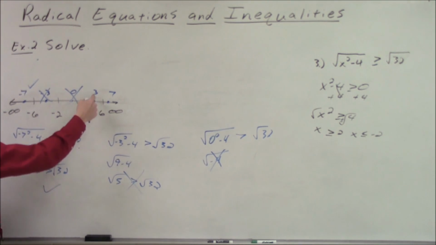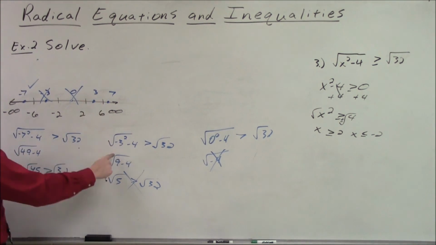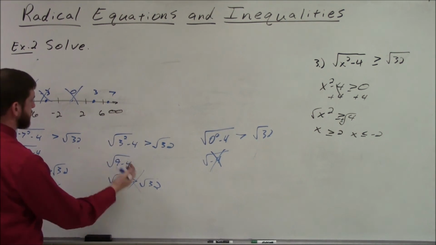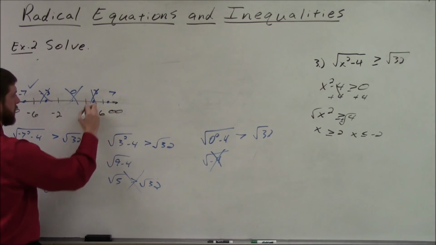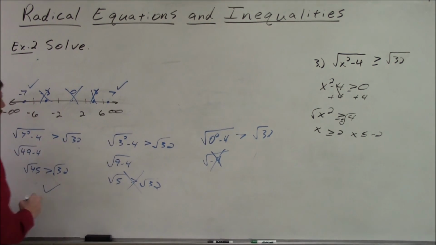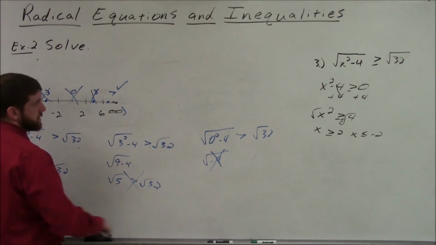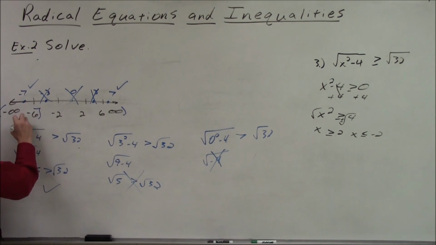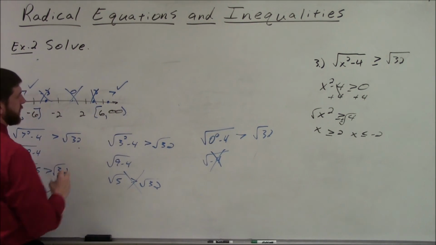Okay, we can go through and actually just make a couple of adjustments. Let's make this positive 3 squared, which is still 9. Positive 5, that one still doesn't work. Okay, positive 7, let's put it right here. Positive 7 squared is 49, so that interval does work. So our intervals actually end up being the outside ones this time. And since we're greater than or equal to, we've got to bracket our non-infinity values.